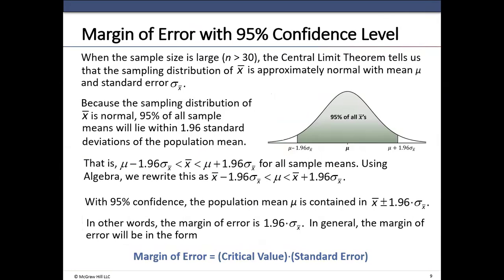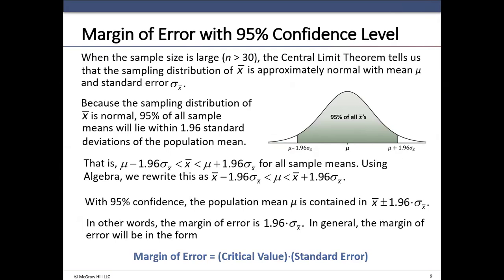When sample size is large, n greater than 30, the central limit theorem tells us that the sampling distribution of x bar is approximately normal with mean mu, and standard error, meaning the standard deviation of the sampling distribution, is sigma x bar. Remember, sigma x bar is sigma of the population divided by the square root of the sample size. Because the sampling distribution of x bar is normal, 95% of all sample means will lie within 1.96 standard deviations of the mean.